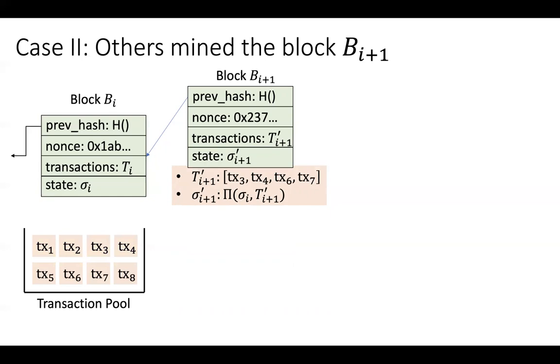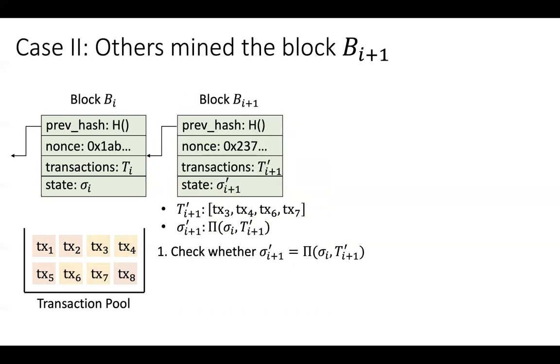Then the miner will try to check whether the received block is valid or not. How does the miner check whether the received block is valid? The miner re-executes the transactions in Ti+1 prime and then checks whether it matches the included state. If it matches, then the miner accepts the block.